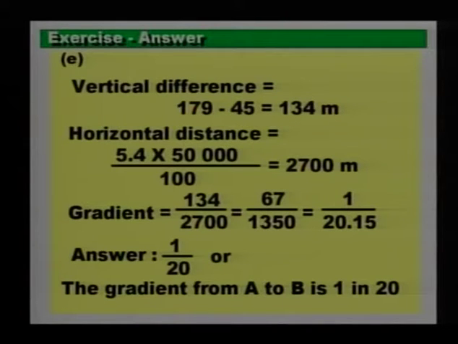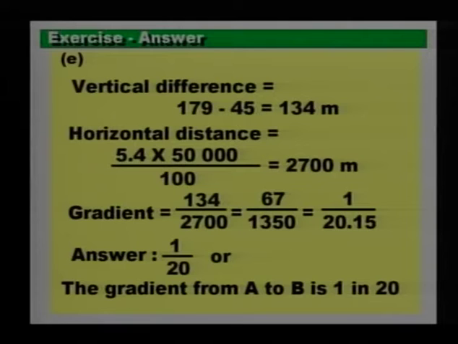The scale of that map is 1:50,000. Therefore, 5.4 centimeters multiplied by 50,000 and divided by 100. The reason we divide by 100 is so that we can convert our answer into meters. So we come up with 2,700 meters as the horizontal distance.